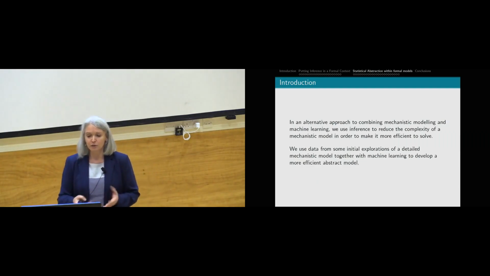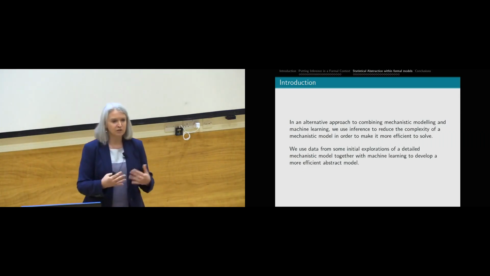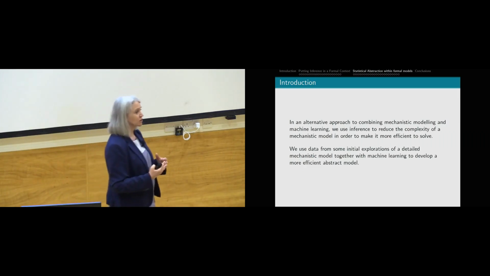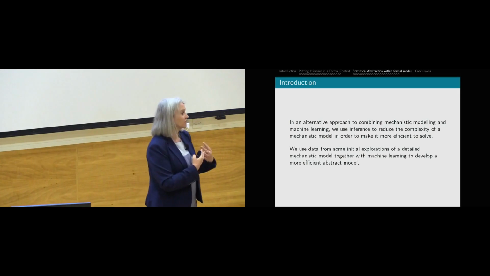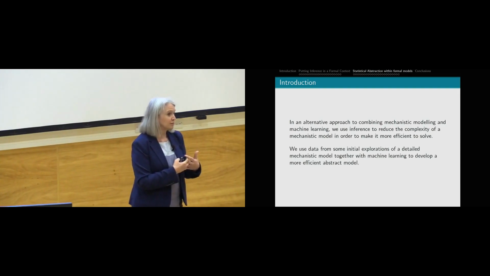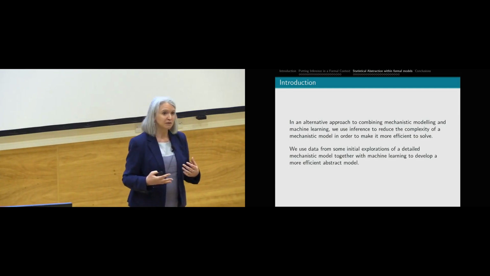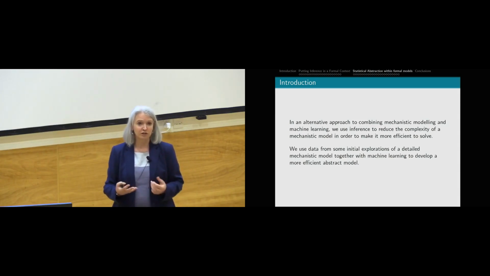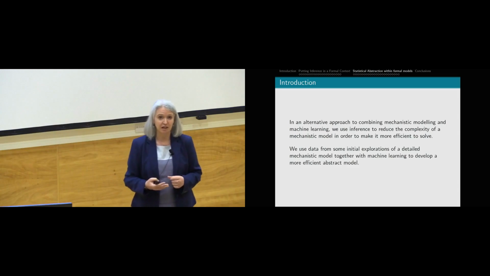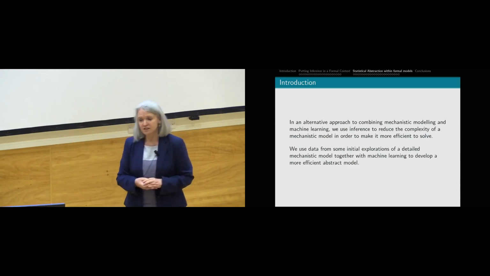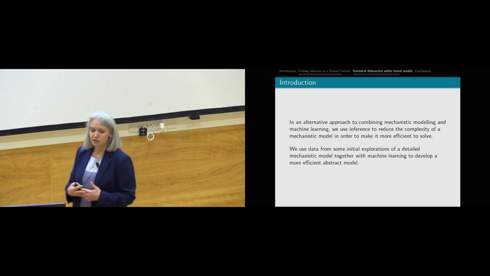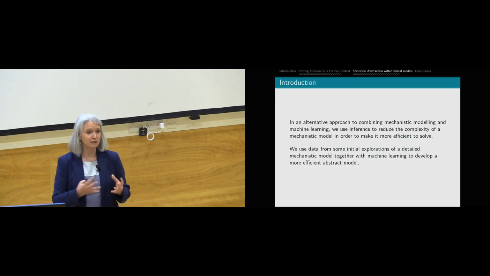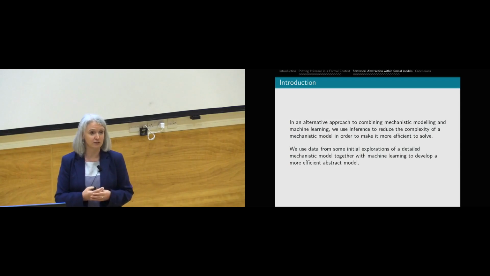So we're combining, again, mechanistic modeling and machine learning, but what we want to do is build a smaller model. So often, I've just shown you a very simple model, but often our state spaces, when we build these discrete state models, get into the millions, if not hundreds of millions. And even simulation becomes incredibly slow. And so we want to find ways in which we can abstract the models, make them smaller, but keep accurate results.